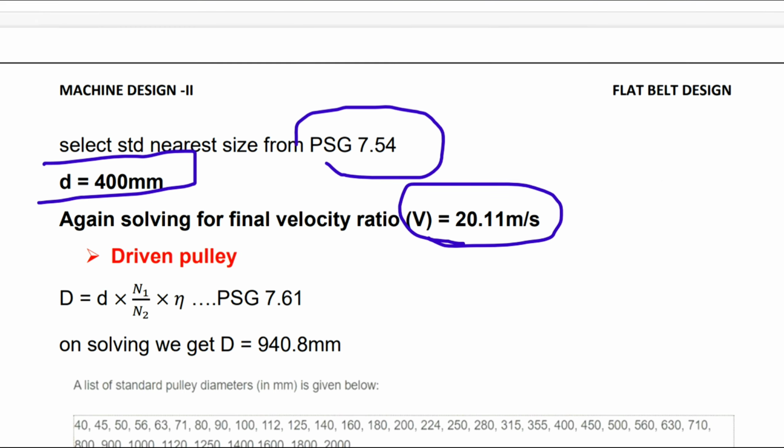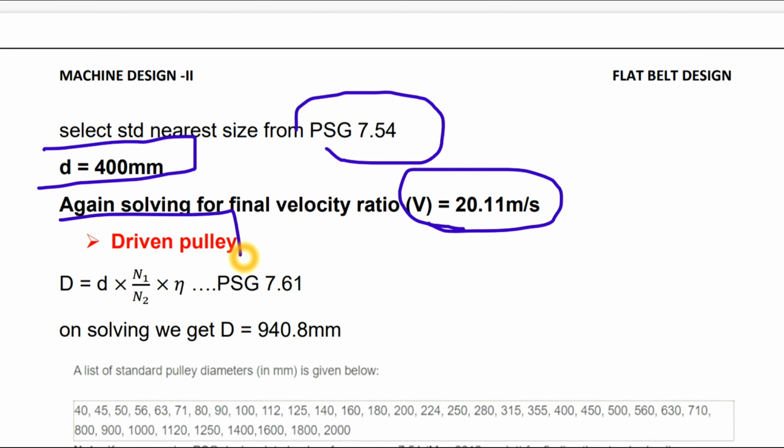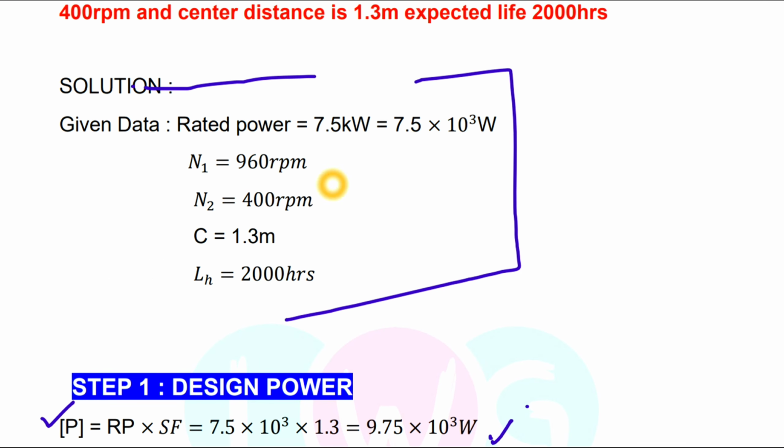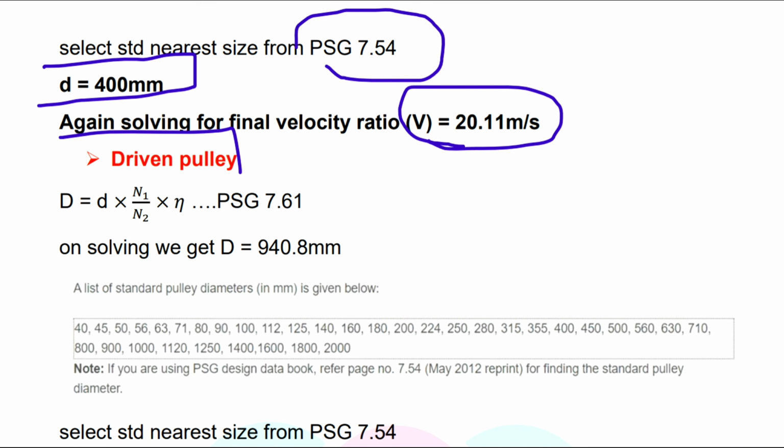The same procedure applies for the driven pulley. For the driven pulley, D equal to d into N1 upon N2 into efficiency. You will get this formula on PSG page number 7.61. Here small d is 400, N1 is 960, and N2 is 400, as given. Put in the values.